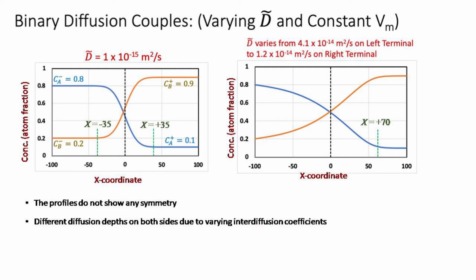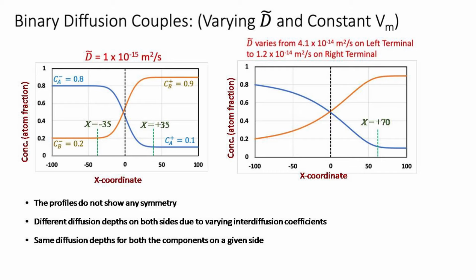In the left terminal alloy, the interdiffusivity values are higher than the right terminal alloy, and so we will see the diffusion depth is more in the left terminal alloy than in the right terminal alloy, which is also evident from the slopes of the concentration profiles. We can see the gradient in the concentration is shallower in the left terminal alloy and it is much steeper on the right terminal alloy.